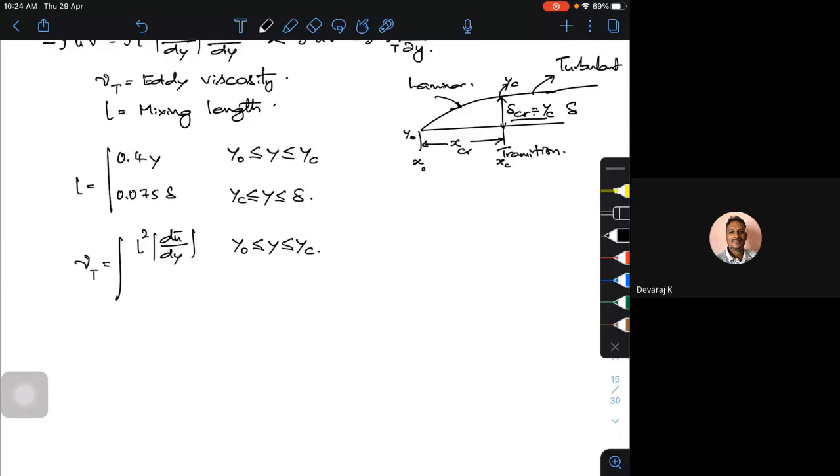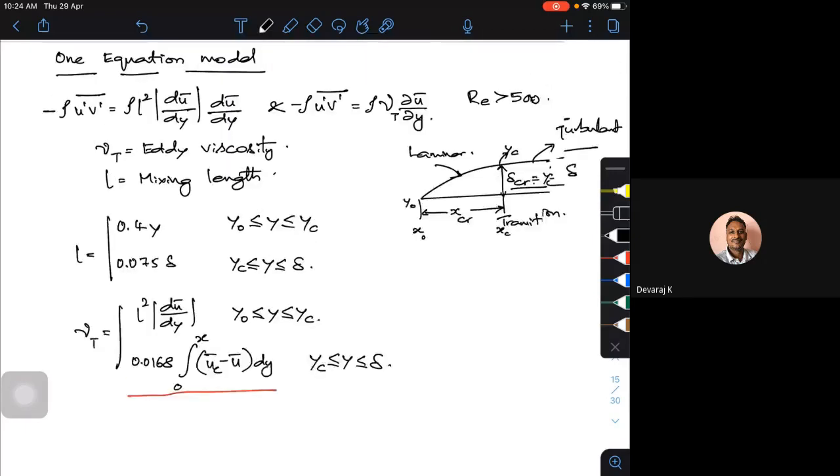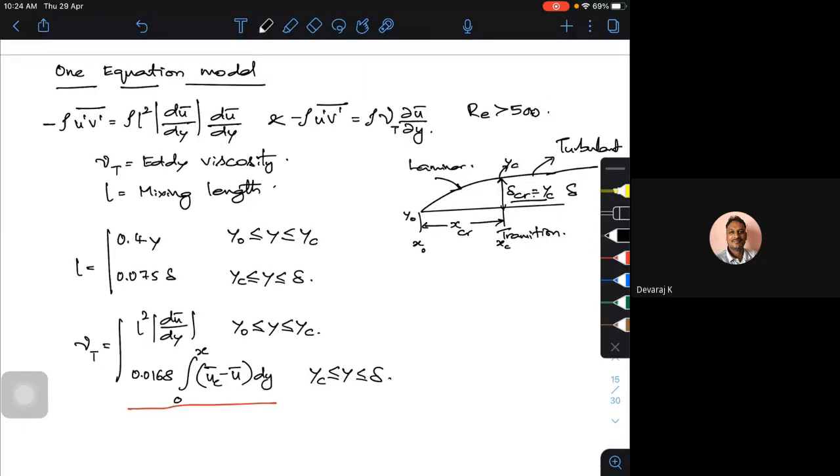Then it has a value 0.0168 into the integration, based on your x value, of u critical minus u average into dy. I'm going to use this equation to calculate that for y between y critical and the boundary layer delta. So this is your one equation eddy viscosity model, and how we are going to use the equation.